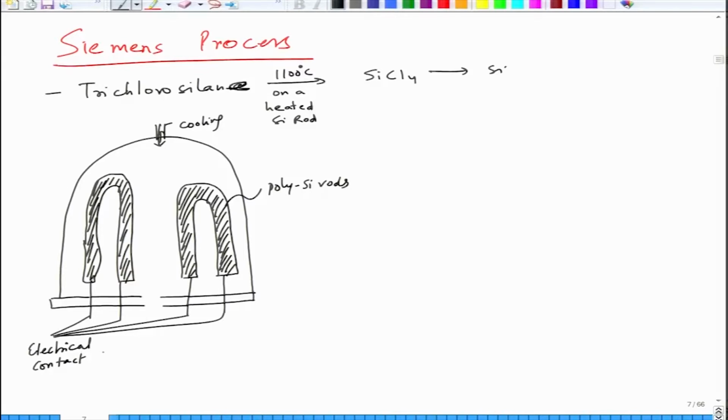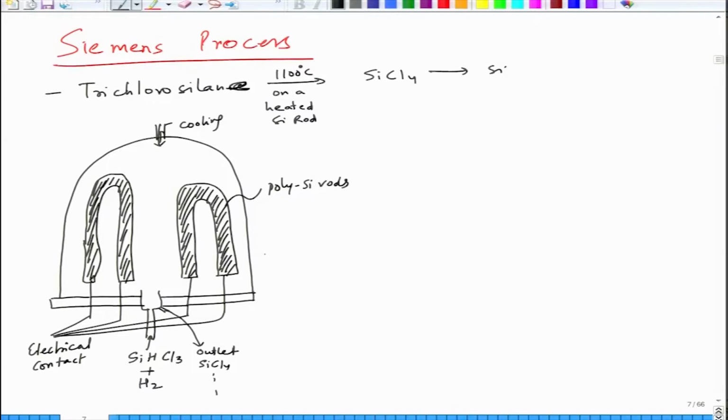So temperatures are about 1100 degrees centigrade, and then through this we put in SiHCl3, which is trichlorosilane, and hydrogen, and then somewhere here we also have an outlet for other gases like SiCl4, etc. They come out, okay.